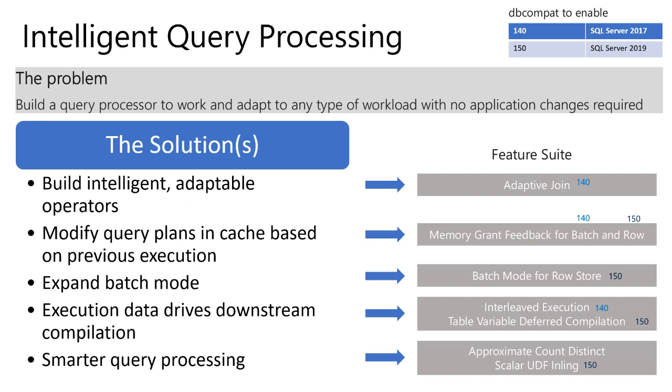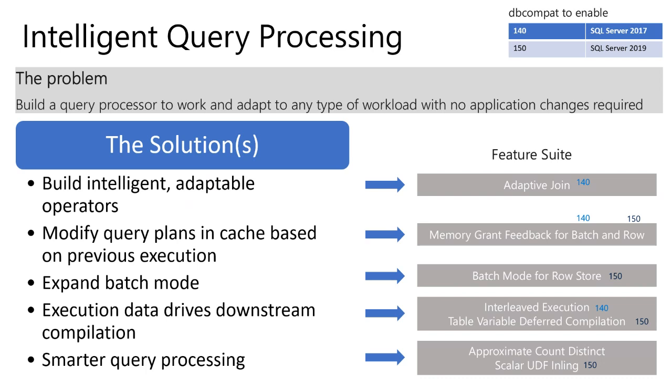We also have the possibility of enabling and disabling each of the features that we mentioned using different hints. For example, let's say that you have your user database in compatibility level 150, and for some reason you don't want to use the intelligent query processing feature that is targeted to inline scalar user-defined functions.